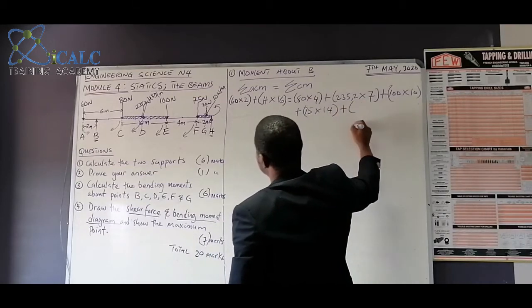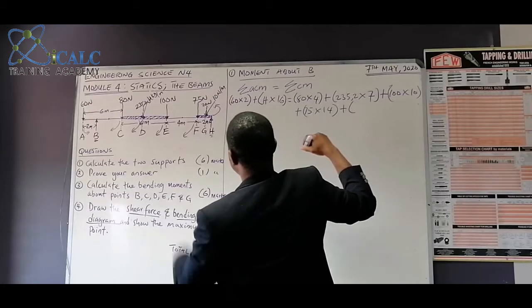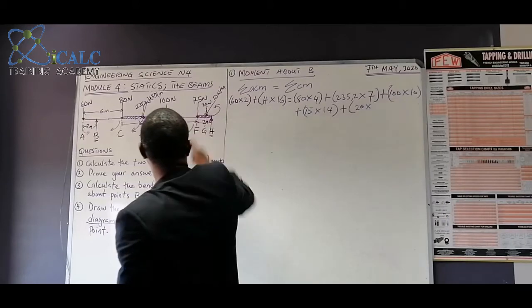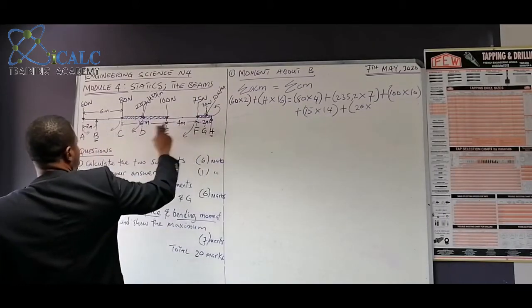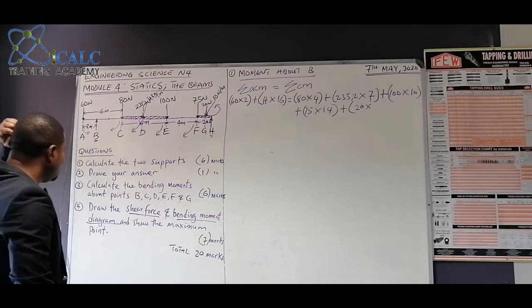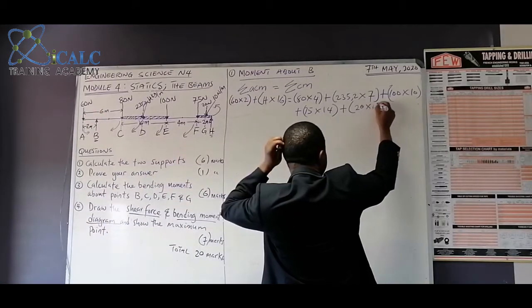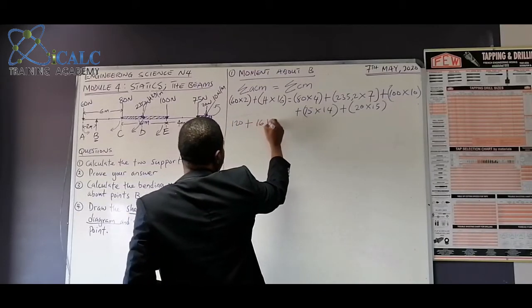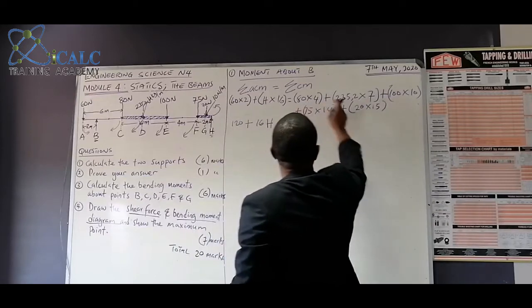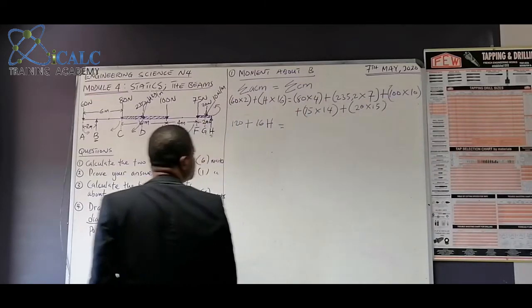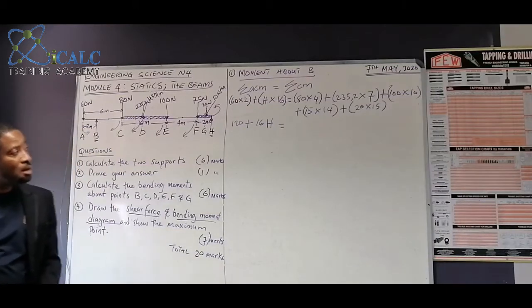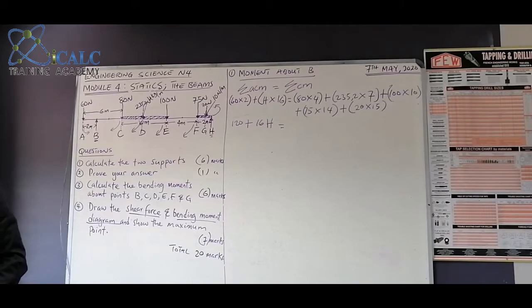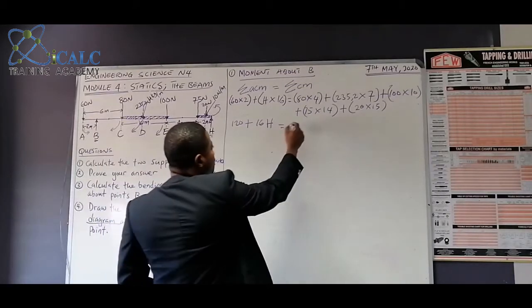And lastly, we have our 20 acting at the center there. 20 multiplied by, from here to here will be 1, plus 4 is 5, plus 6 is 11, plus 4 will give us 15. Therefore, we shall have 120 plus 16h will be equals to 80 multiplied by 4 plus 235.2 by 7 plus 100 by 10 plus 75 by 14 plus 20 by 15 shall give us 4316.4.